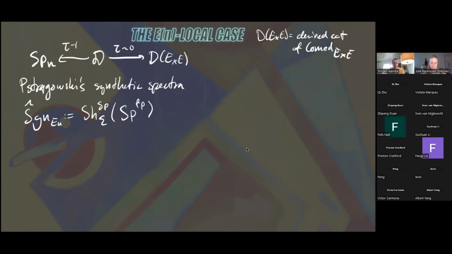And these are finite spectra such that its E homology is finitely generated and projective as an E module.